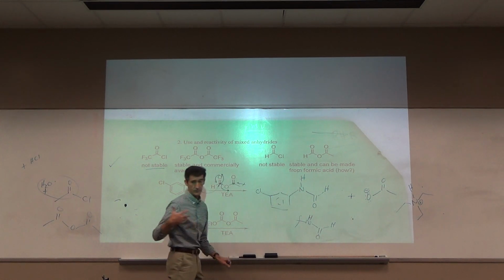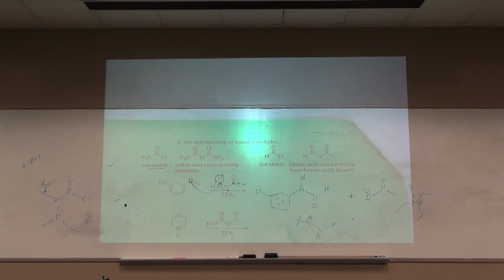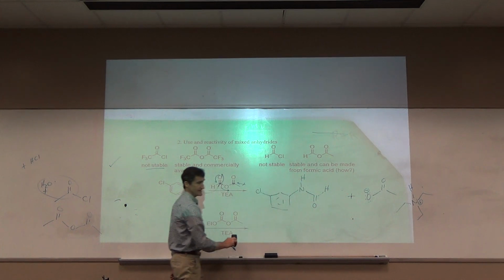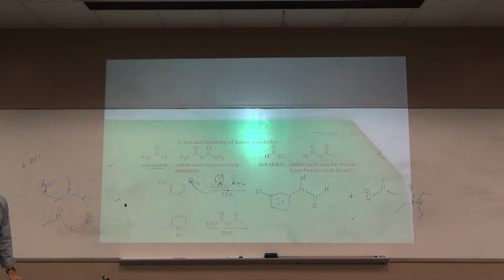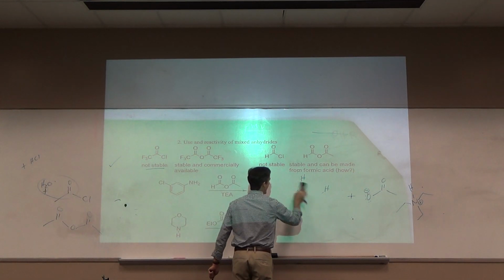So that's kind of the verbiage we use. It's the amide of formic acid called a formamide. The amide of acetic acid is called an acetamide. What's the amide of a benzoic acid called? A benzamide. Get the idea? And those are sort of the most common.